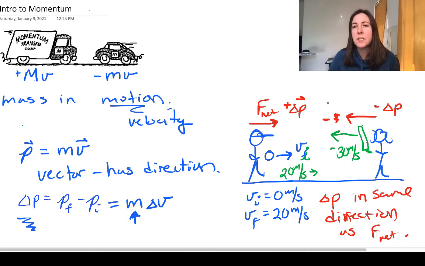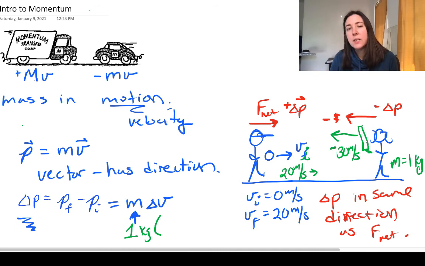Let's just make it easy and say that the mass of the ball is 1 kilogram. Well, then the change in momentum is the mass times the change in velocity, or 1 kilogram times the change in velocity.